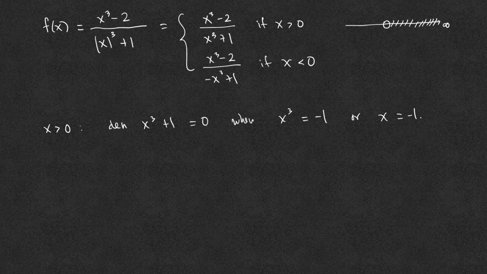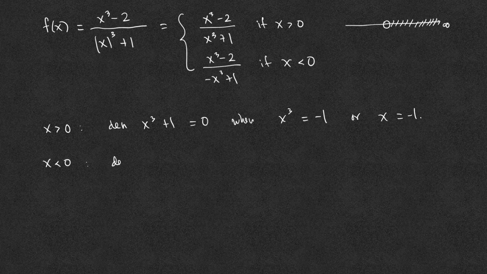Similarly, if we were to pick a number on the left-hand side of 0, we would use the second part. But if we have a negative number and we cube it, we would end up with a negative number, but the negative sign in the front would make it positive, and so negative x cubed plus 1 will not be negative on the left-hand side of 0.